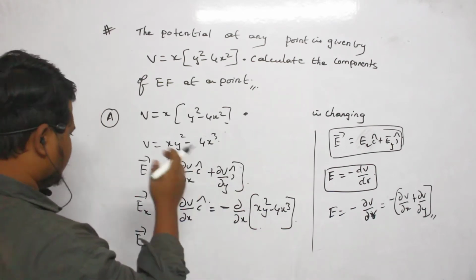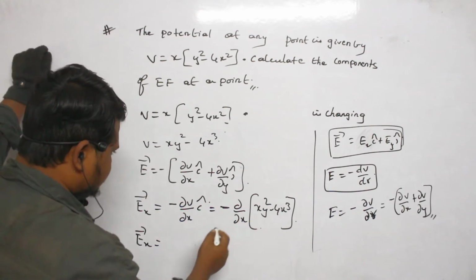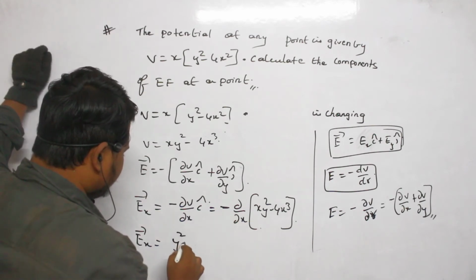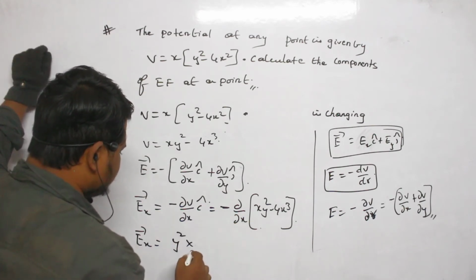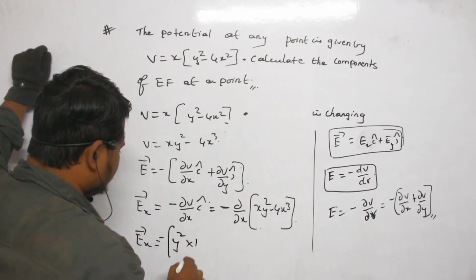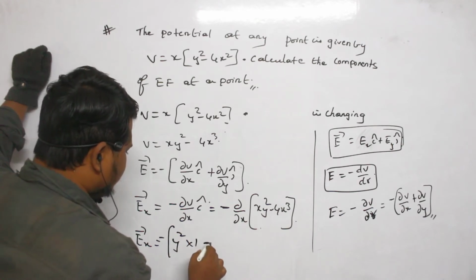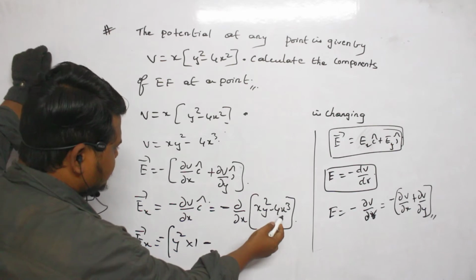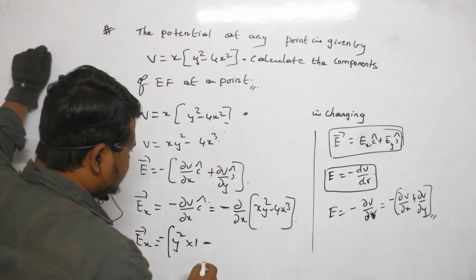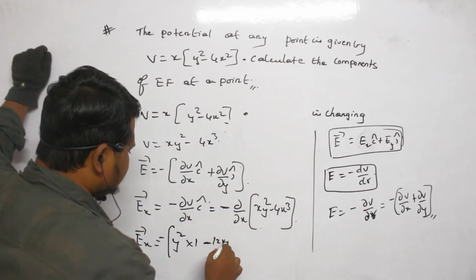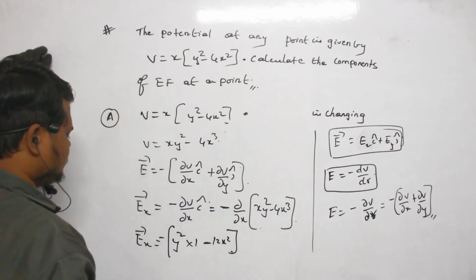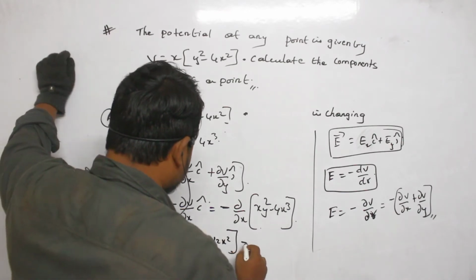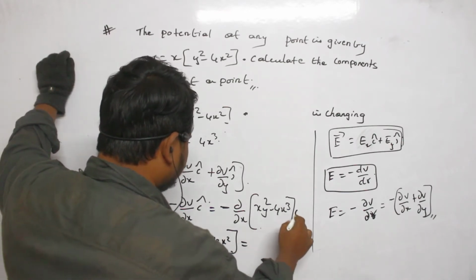So here if I do partial differentiation of this first term, y is a constant, no? So y I will take outside. Dou x by dou x is how much? Dou x by dou x is 1. Clear? So therefore minus of, now in this term there is no y term, so 4 threes are 12, so 12x square. Clear? So total, what is the equation I got? Ex dash is equals to, clear?